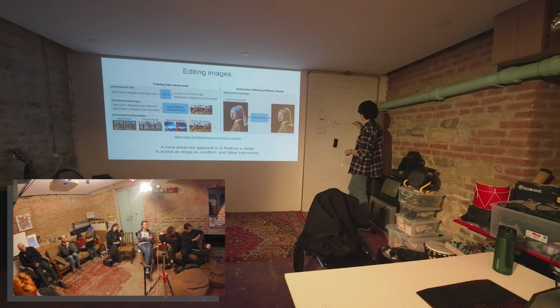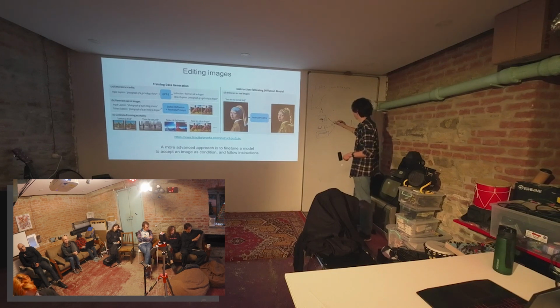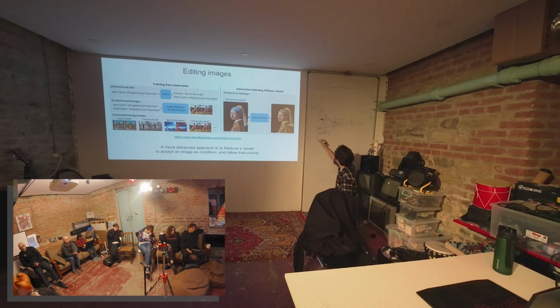Out comes the noise. But we can take this model, this neural network, and there are lots of different ways that we can fine-tune it, like train it to do something additional without changing its knowledge too much. What we can do is add an additional input, a conditional image.